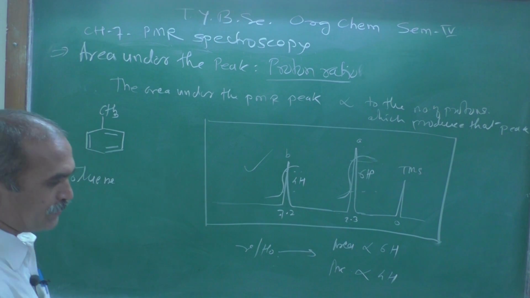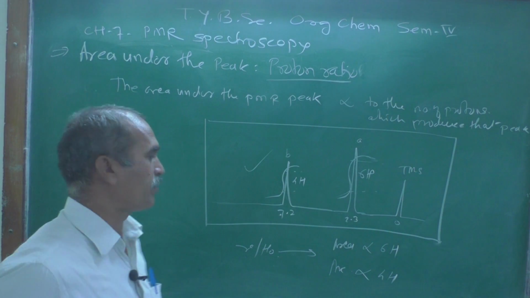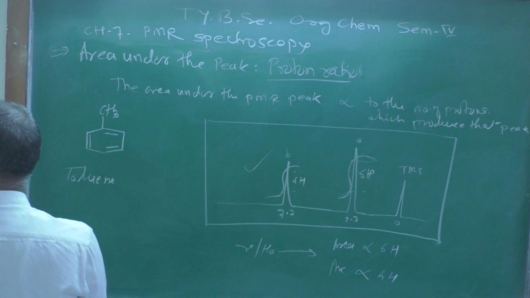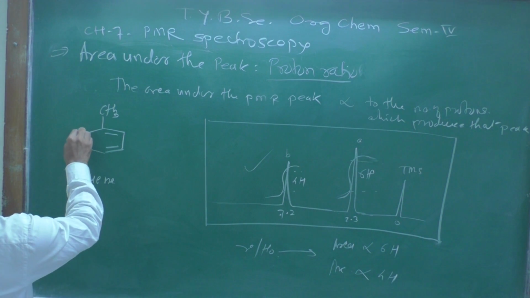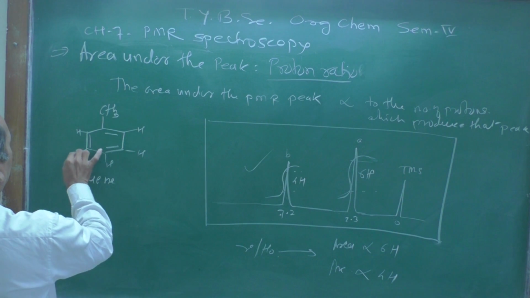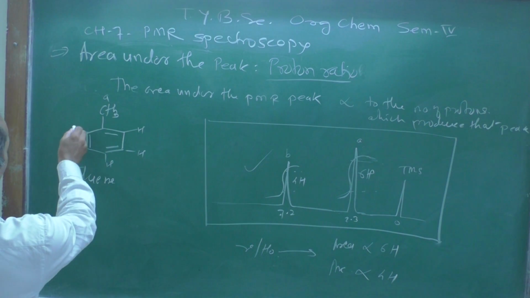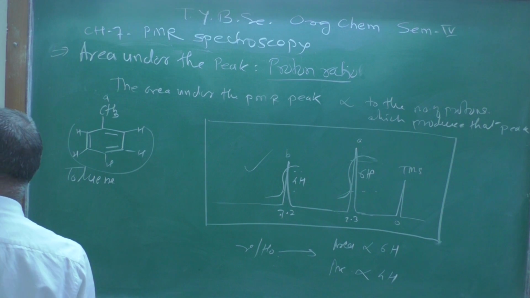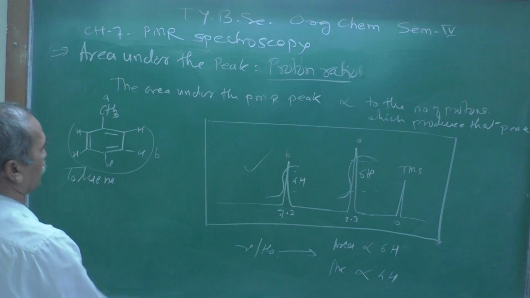Now, in toluene, find the number of types of protons. If you observe this structure carefully, there are two kinds of protons: the methyl protons, and all these 5 aromatic protons are identical, which you can call B protons.